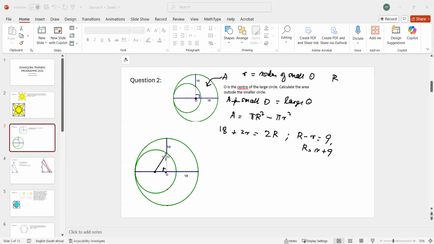Okay, so we've got a nice little right angle triangle here. Do I know the sides of this right angle triangle to get my Pythagoras? Well, certainly this part here is known because it's the radius of the small circle. From here to here, it's the radius. Do I know anything else? Well, let's have a look at this part here.